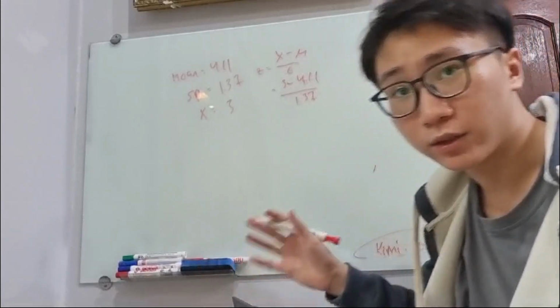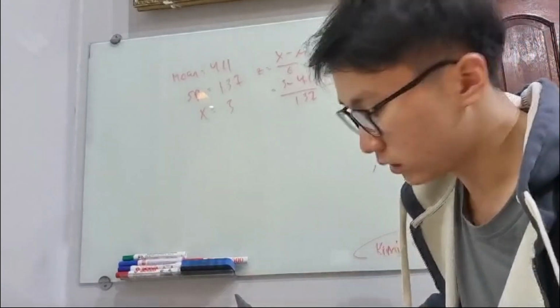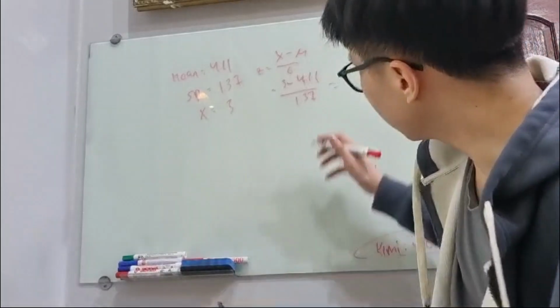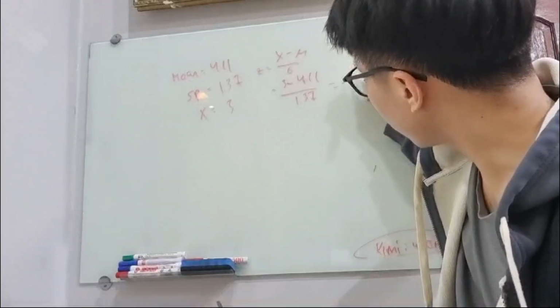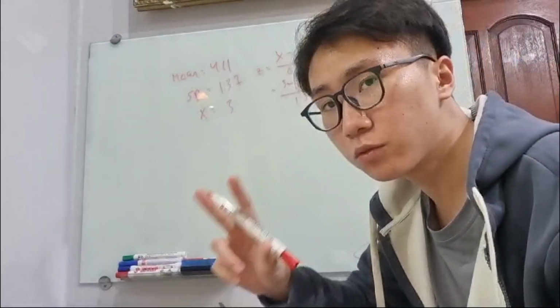And after doing this, we get an answer of minus 0.81. Now, we can go with two ways here.